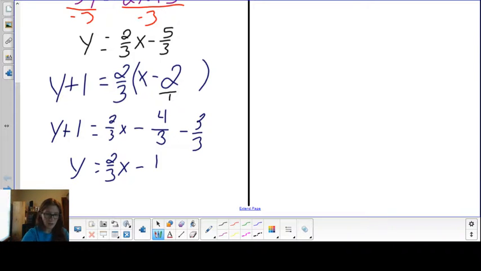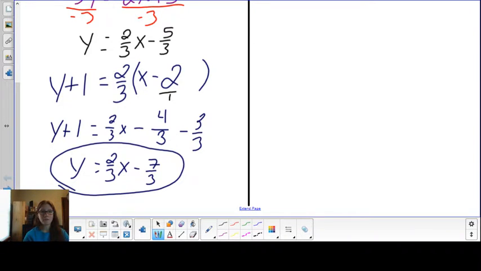I'm sorry, let me try that again. I have -4, because he's got that negative sign there. Got ahead of myself. -4 minus 3 is -7. And then the denominator follows with. So a parallel line is y is equal to 2/3 x minus 7/3.